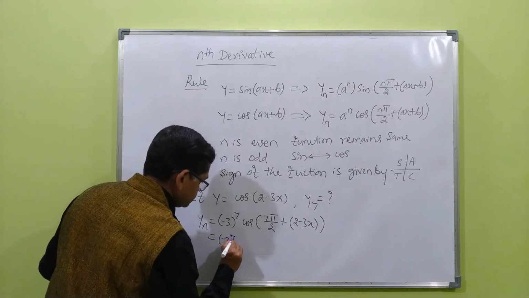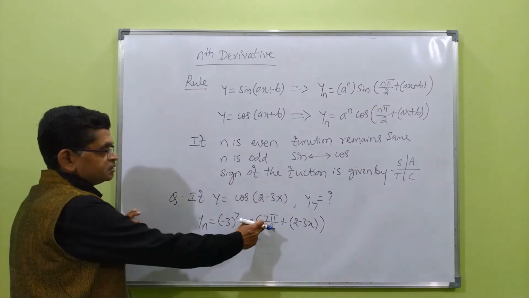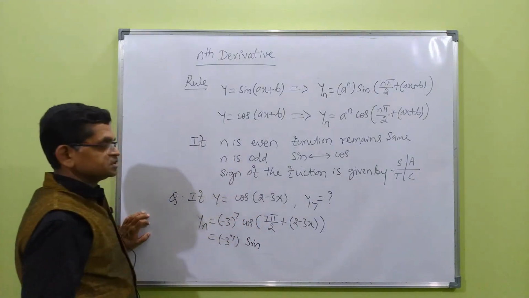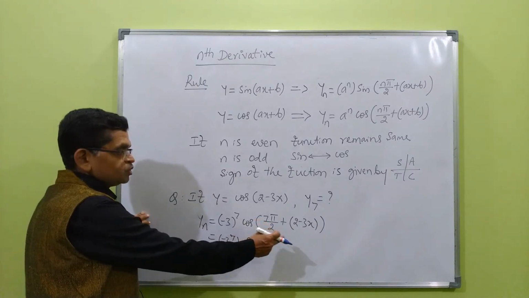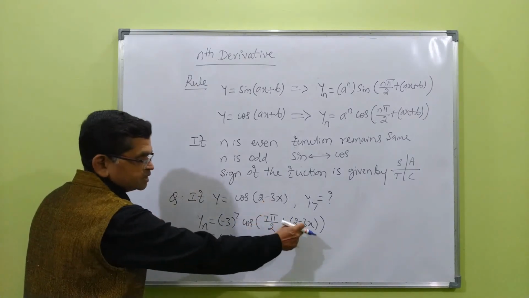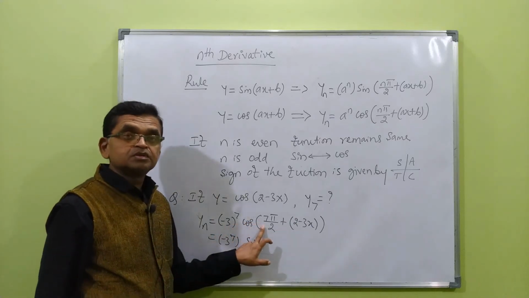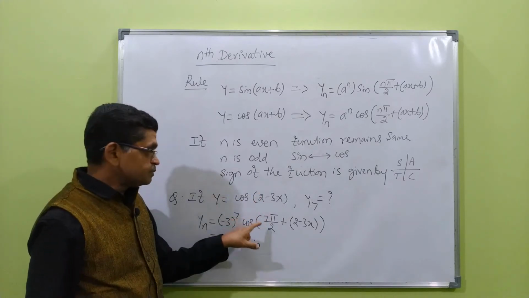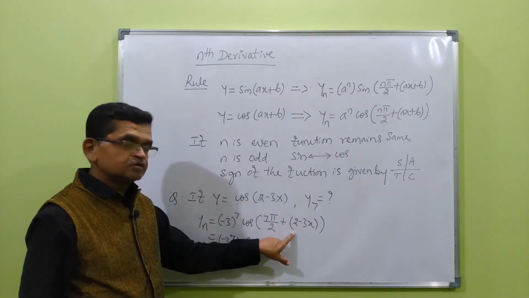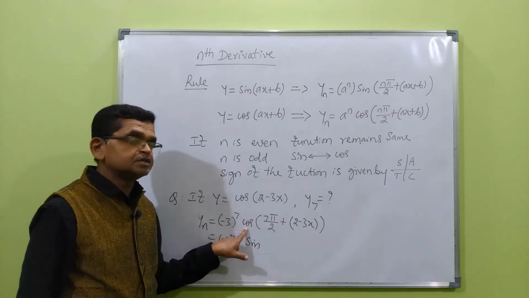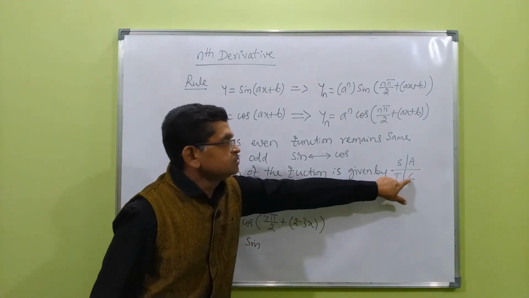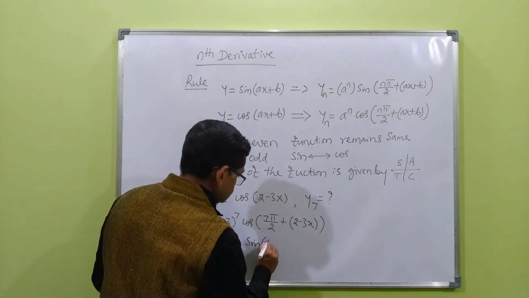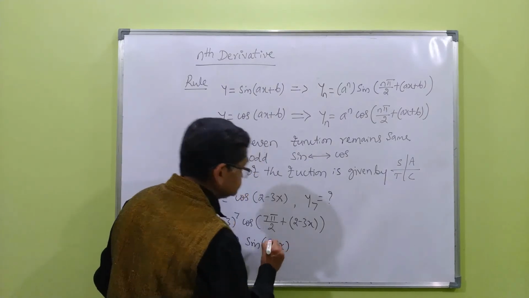Minus 3 raised to 7. Here n is odd, so cos changes to sine. One thing: 7π by 2 plus something, where does this come to? 4π means one complete circle, 4π by 2. Then 3π by 2 plus this one means this is in the fourth quadrant, and in the fourth quadrant cos is positive. So sign does not change. So answer is the one with 2 minus 3x.